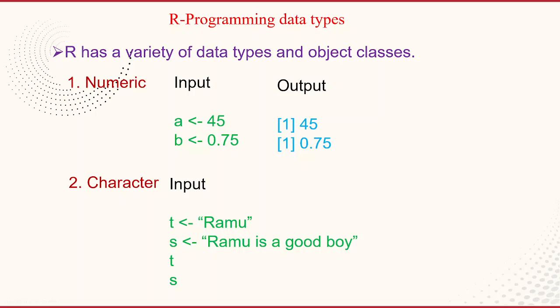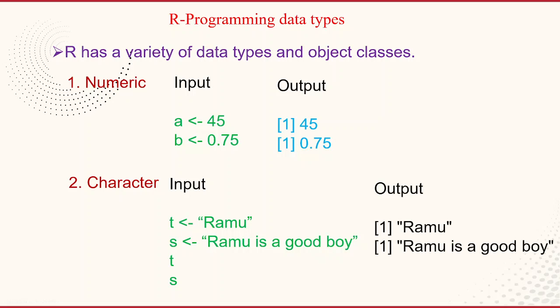So T is a variable assigned to Ramu and S is the sentence Ramu is a good boy. Now if we enter T and S, after enter the output will be displayed like this: Ramu for T and Ramu is a good boy for S. So these are representing the character.